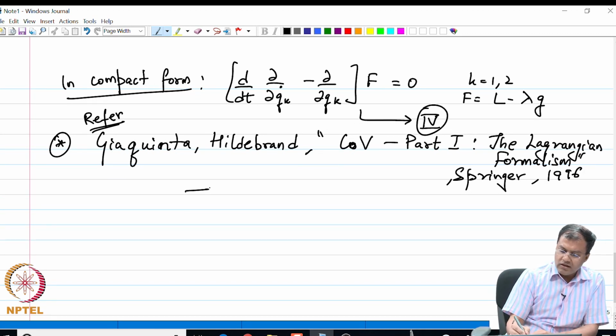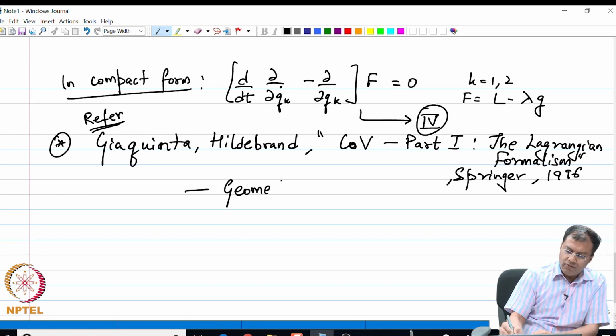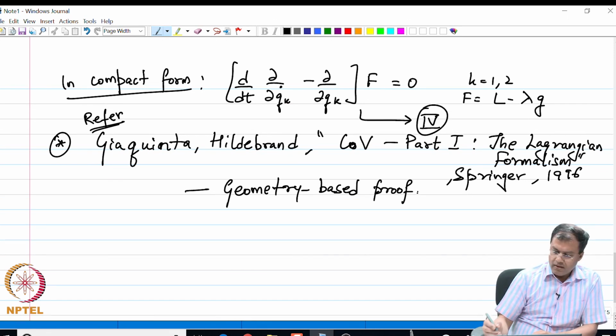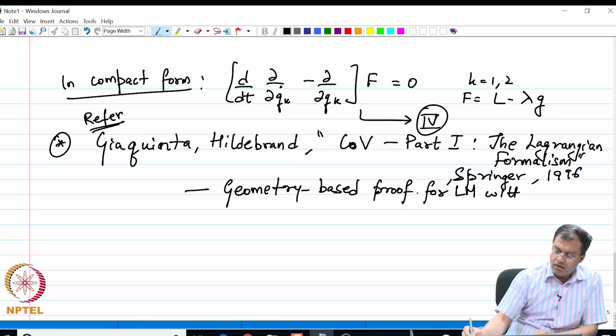This is a useful reference for a geometry based proof of this class of problems that I have just shown, for the Lagrange multiplier method with holonomic constraints.